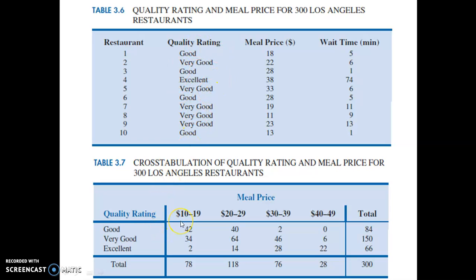And according to the range of meal prices, given in dollars, the rating will be given. So by giving this kind of visualization, we will be able to show all 300 restaurants. This is the cross tabulation.